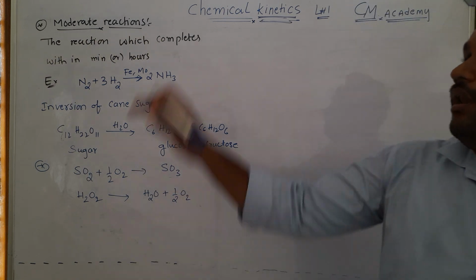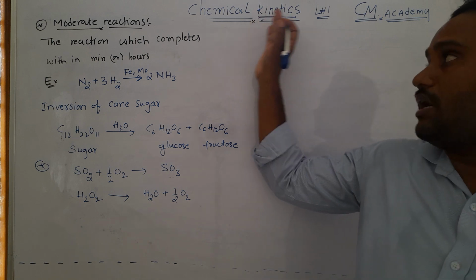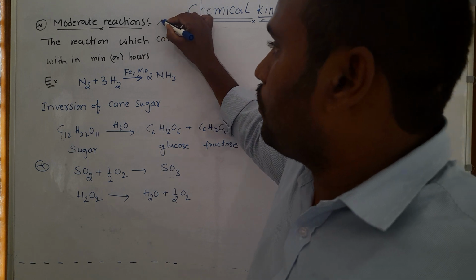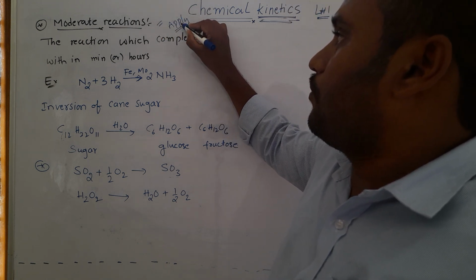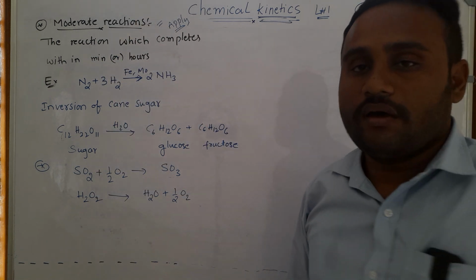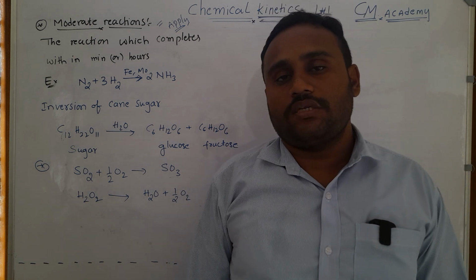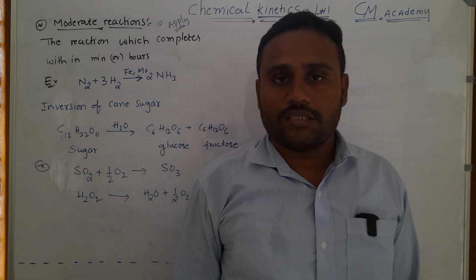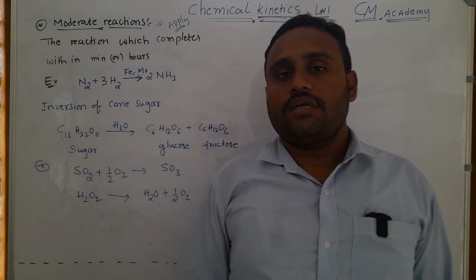The laws of chemical kinetics that we study are applicable only for moderate reactions, but we cannot apply them for the slow reactions as well as very fast reactions. Why?